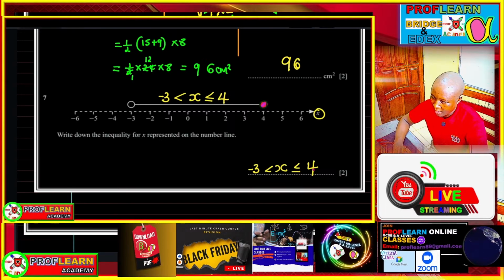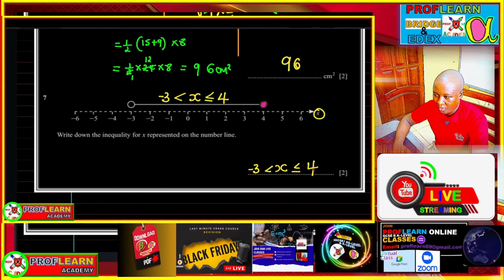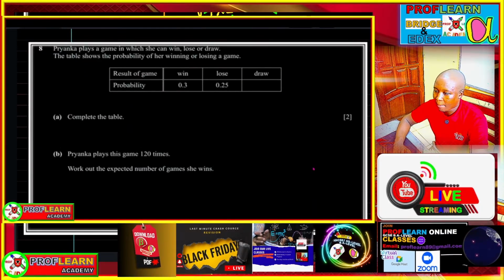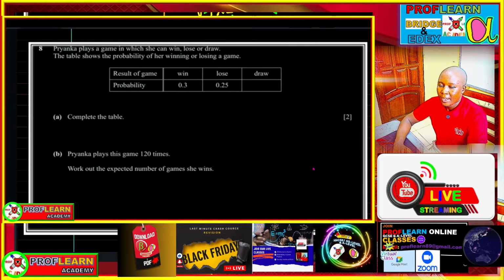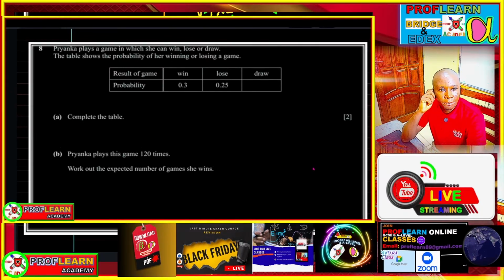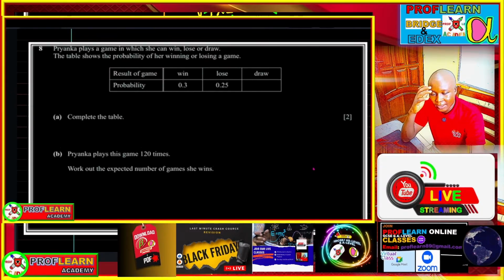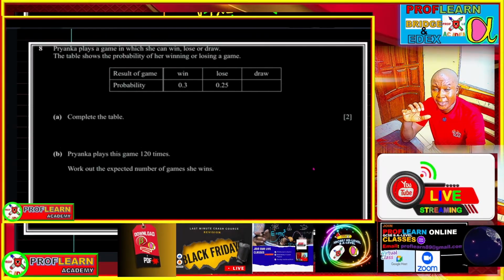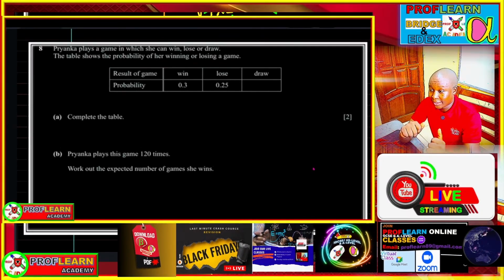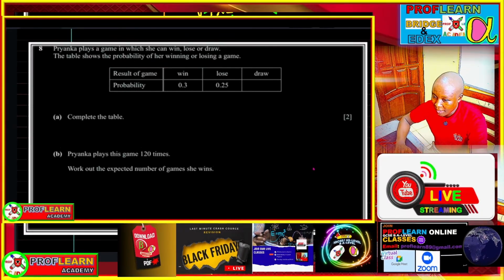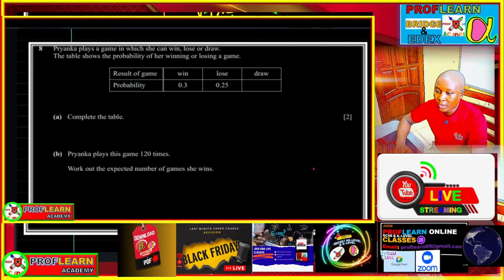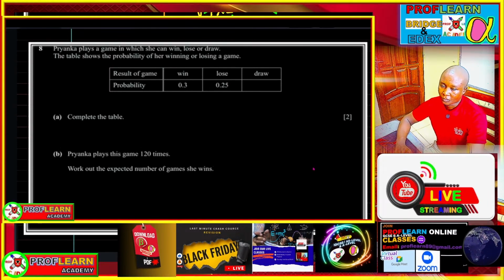So once we've done this, we are going to look at question number 8. Question number 8 was talking about probability. And in this section, as a candidate, you are supposed to remember that the total probability is usually 1. So meaning that 0.3 plus 0.25 plus the draw's probability must give us 1.